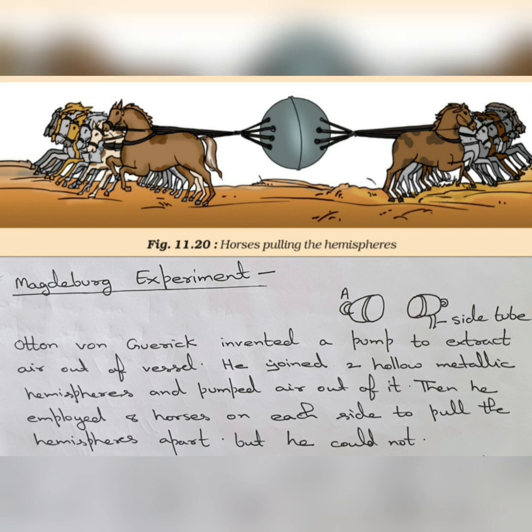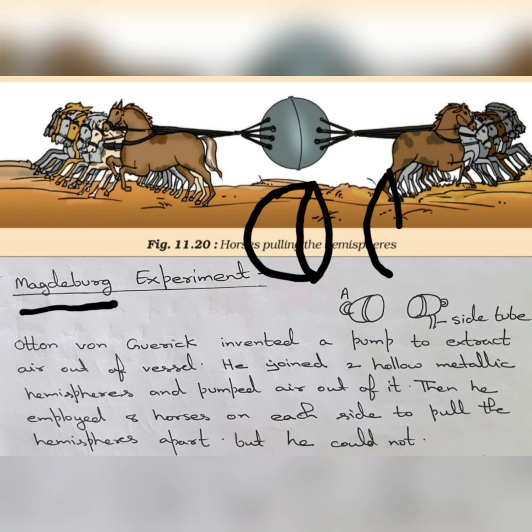Let's discuss how huge atmospheric pressure is. Otto von Guericke at the town of Magdeburg in 1640 had conducted this experiment. What had he done? He had taken two metallic hemispheres with a diameter of 51 centimeter. One of the hemispheres had a side tube, and this side tube was connected to a vacuum pump.